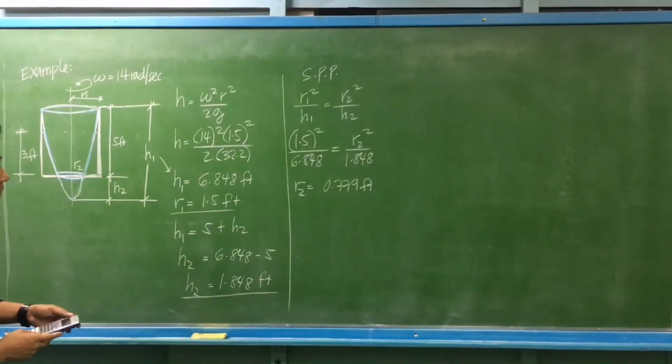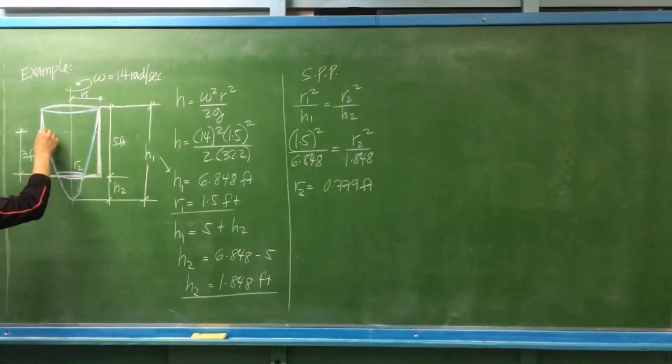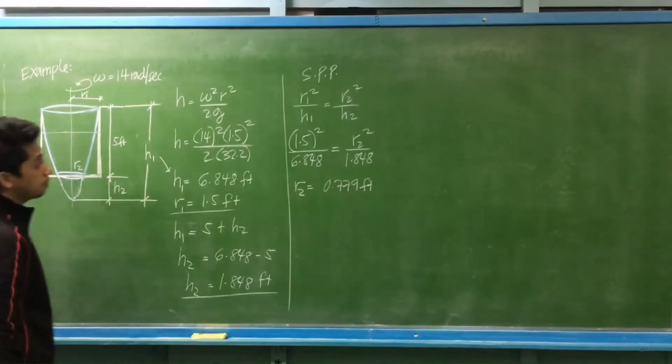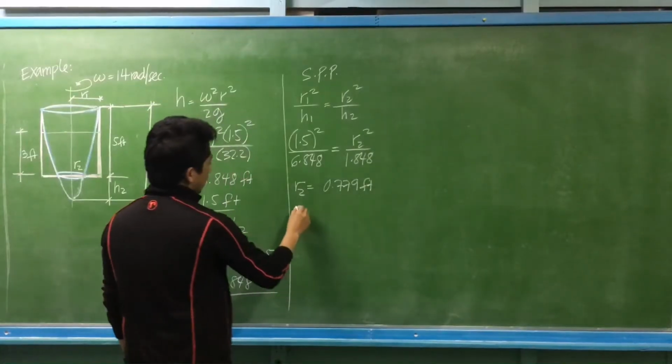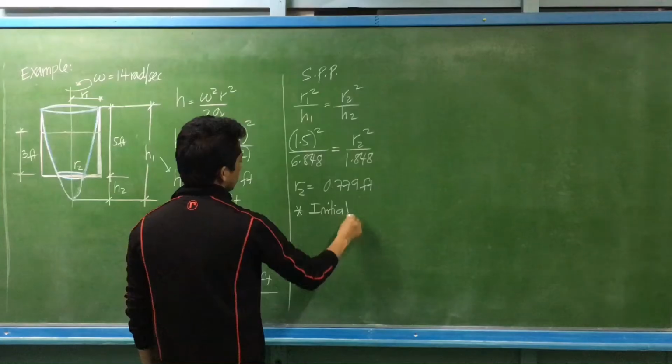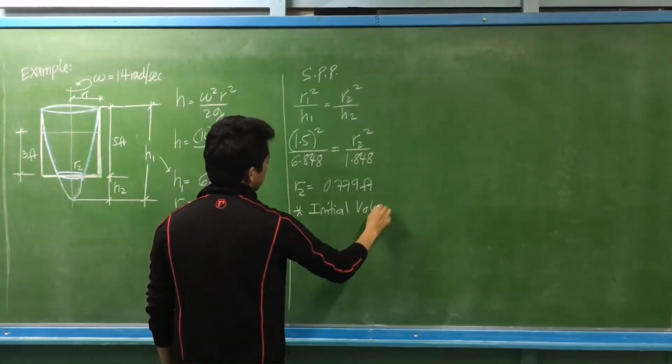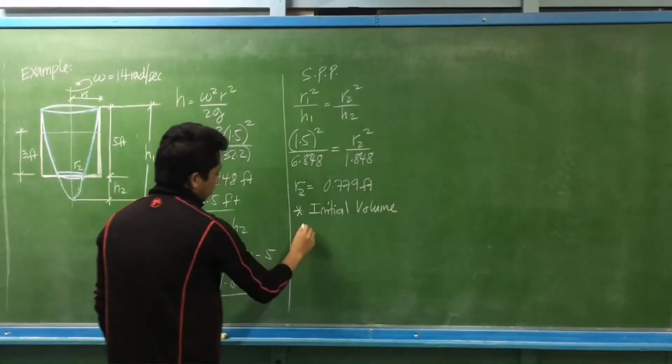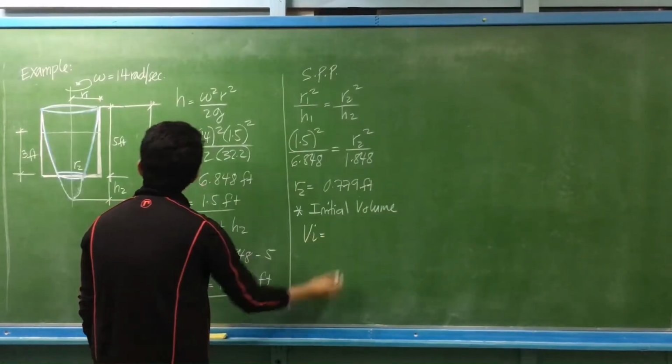Okay, 0.779. So how do we compute for the spilled volume? We need to determine first the initial volume of the liquid. So let's say V sub i, the initial volume.